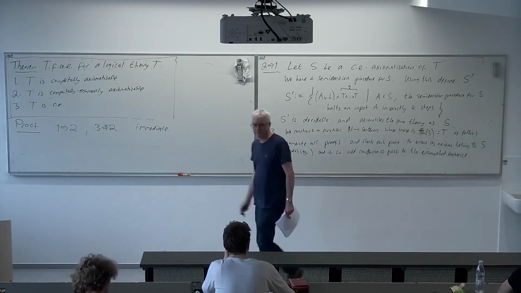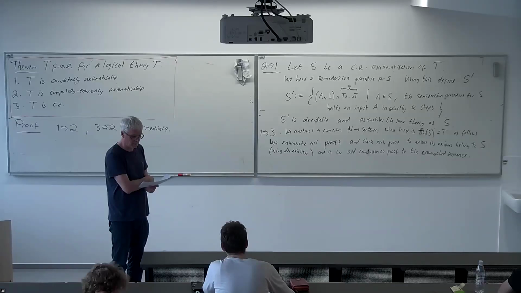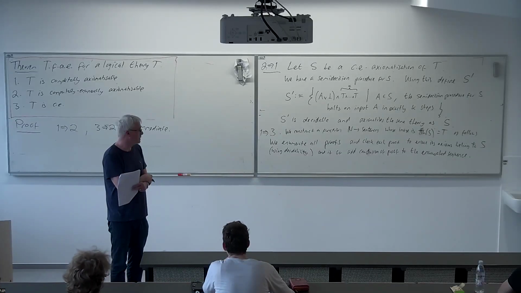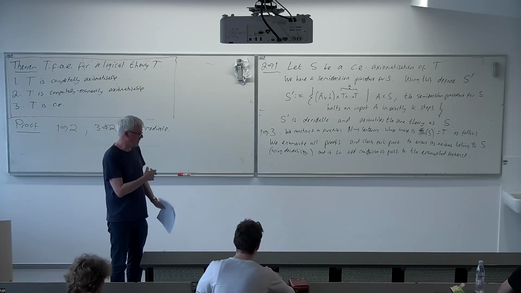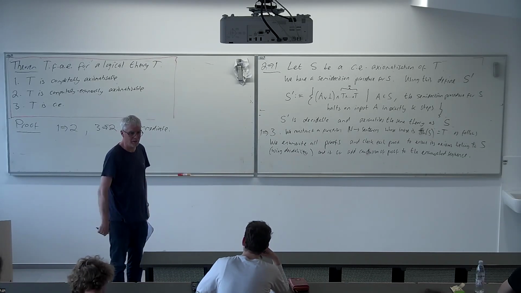I guess if we're going by the definition, we're also using completeness here, right? Because we're checking the syntactic. Yes, we're using completeness to know that every sentence in the theory will be the conclusion of some proof.